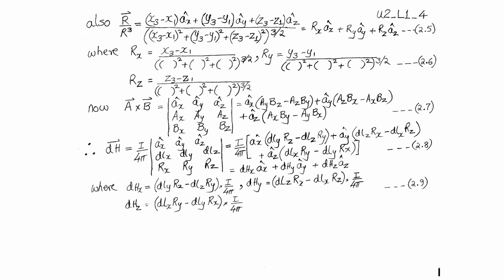And finally dHz is (dlx Ry minus dly Rx) whole bracket into I by 4 pi.